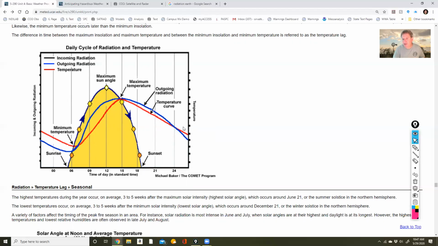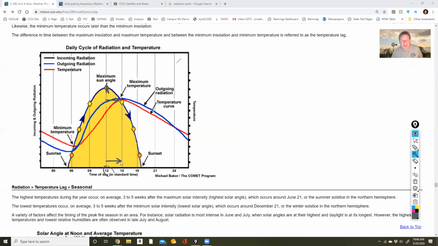So what I'm going to do here is go back to my little pen and maybe use gray. I'm going to look over here and say, well, this is noon, when I've got the most amount of incoming radiation. But when is it warmest? It is warmest a couple of hours past noon.